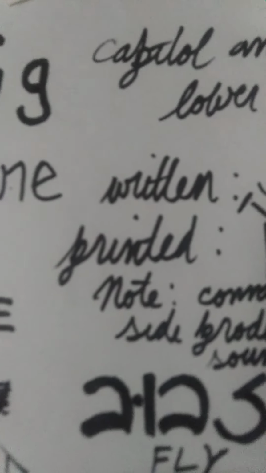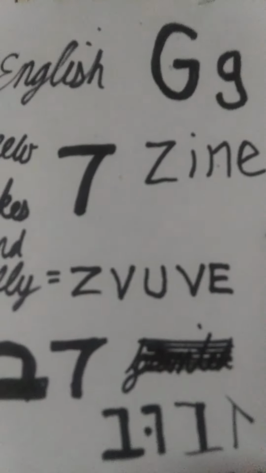Pretty sure that's correct. It's probably not 100%, but that's why we're doing this, to gain our initial understanding of just the alphabet, just the basics. Okay, so Zayin, that's what it looks like. It looks like a 7 almost.